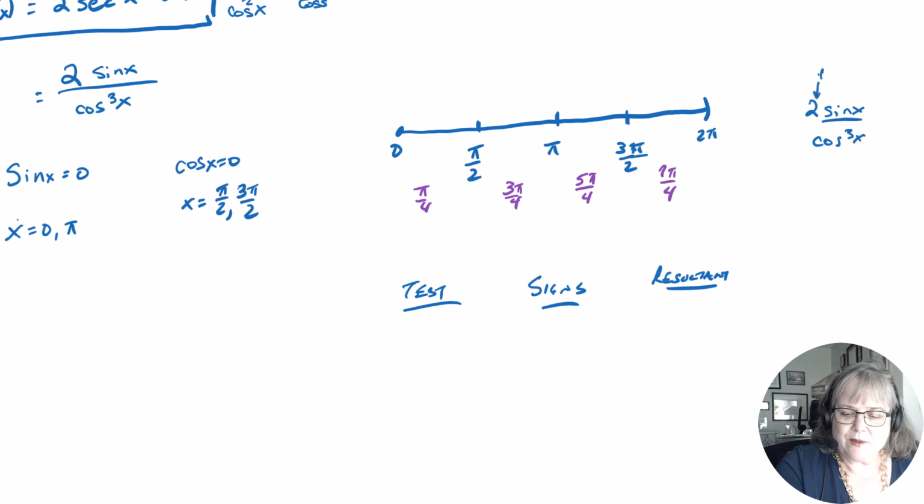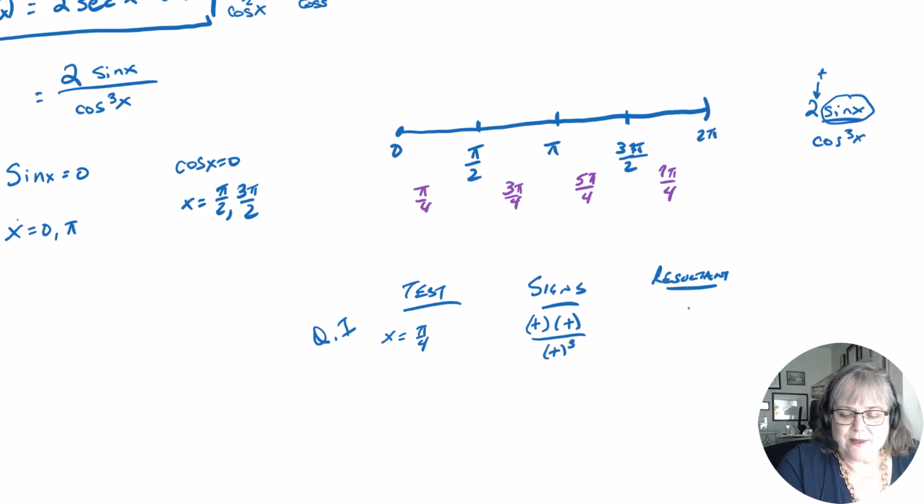So the 2 is always positive, right? So when x is equal to pi over 4, this is actually quadrant 1. So everybody's positive, right? And so you have your plus 2 times your sine of x right here. And sine of pi over 4 is the square root of 2 over 2, which is positive, over cosine cubed, which is square root of 2 over 2, positive, cubed again.